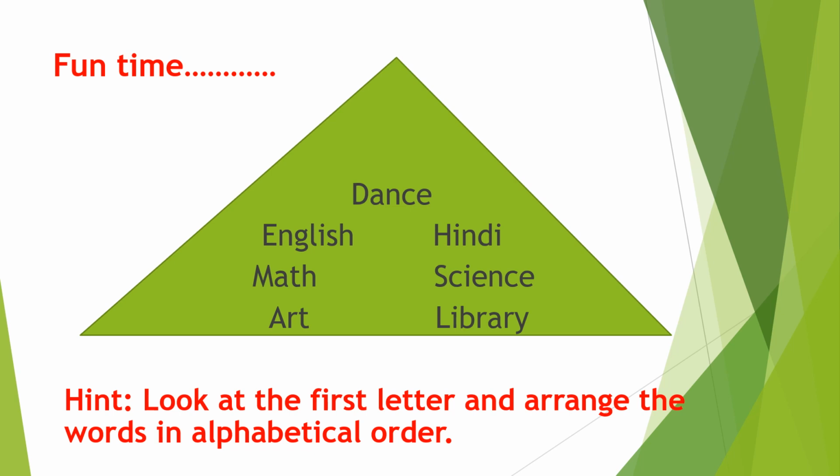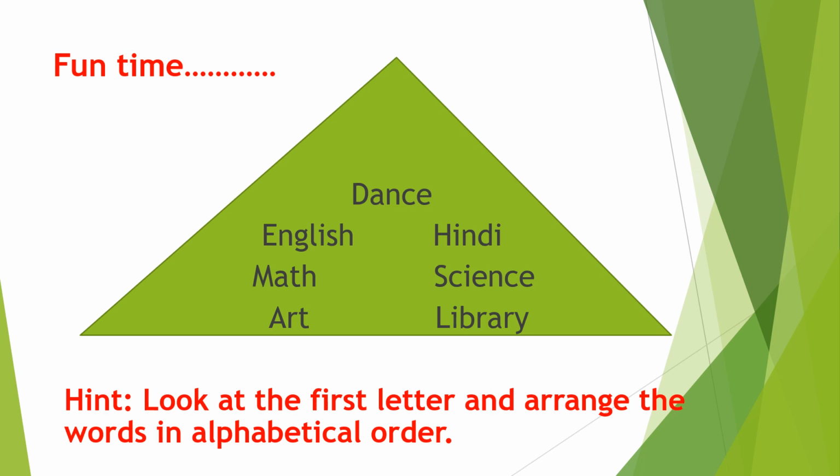Let us have some fun. Dear students, you can see the picture of a triangle which has a few words. All you need to do is arrange all the words in alphabetical order. Now the question is where you will write these words. So if you have any blank notebook, make it your English grammar notebook. If you don't have one, don't worry at all.